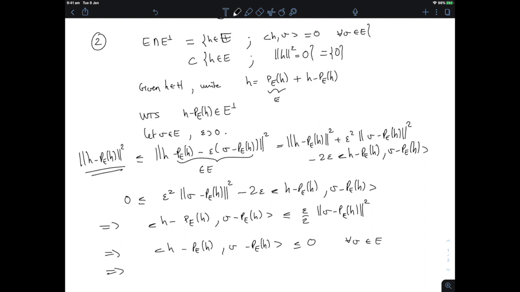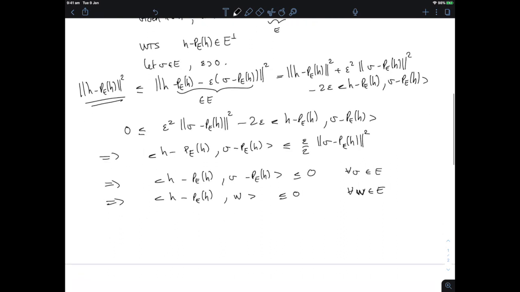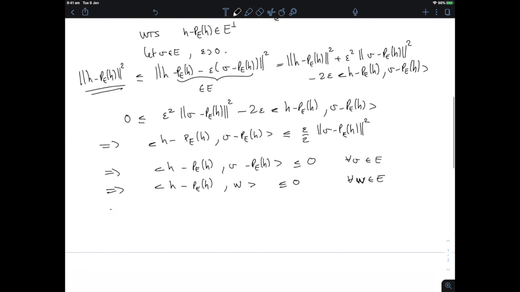So this tells me that H minus PEH inner product with W is less or equal than 0 for every W in E. Okay, but if I do that, because E is a subspace, I also get that H minus PEH inner product with minus W is negative for every W in E.